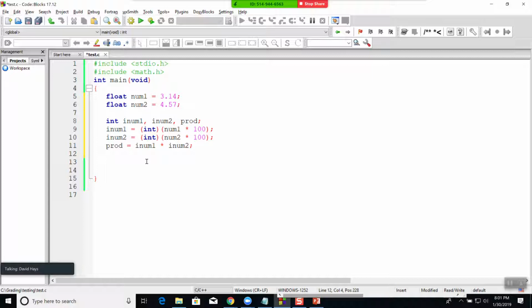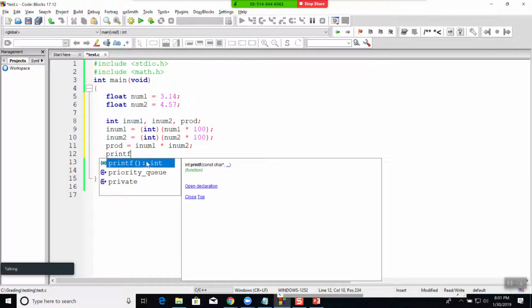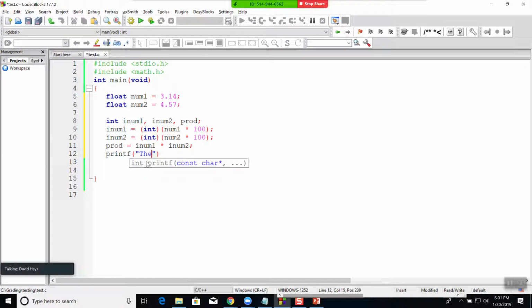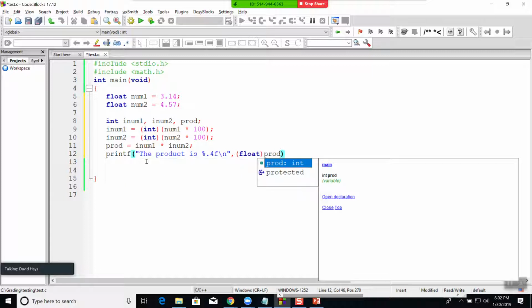And then printf the product is %.4f\n, and I'll cast product to be a float, so that changes it to a float.